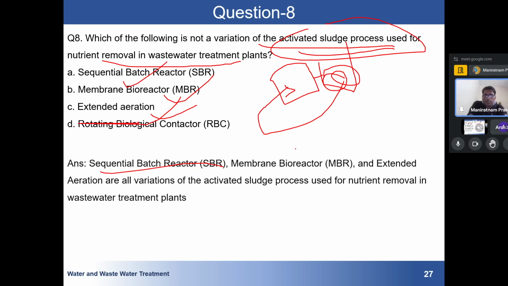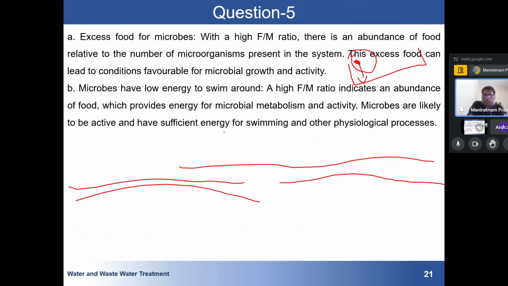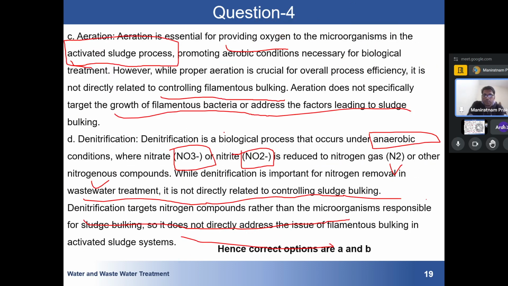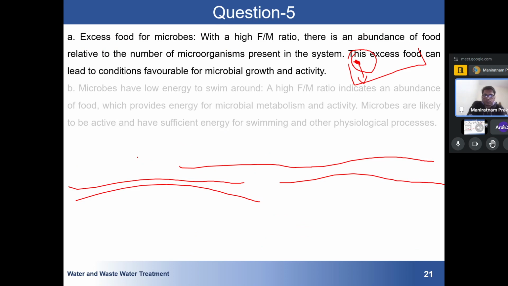Remember, whenever I'm talking about this activated sludge process, remember this figure, that we are bringing some waste sludge to here. Okay, we are using some sludge to activate our system.